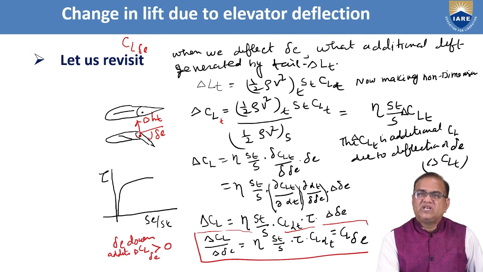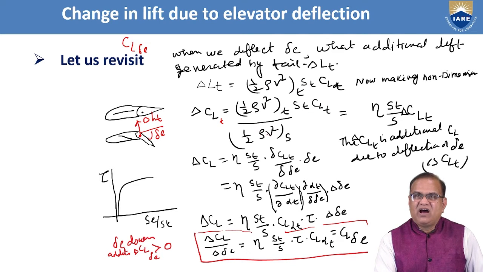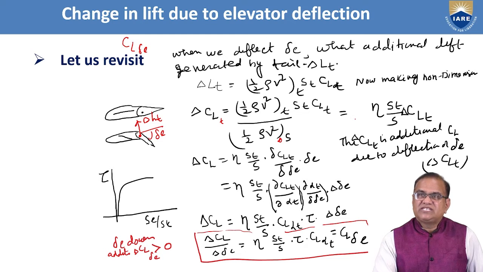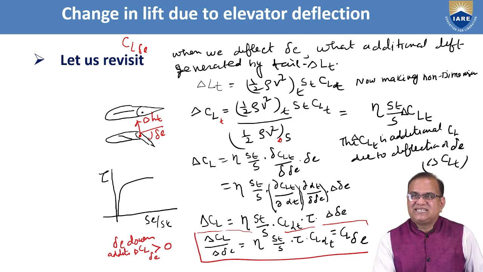So delta CLT is equal to half rho V square of tail ST CLT divided by half rho V square S. This is for the free stream velocity which is passing over the wing. S is the wing area. Now we know previously that half rho V square of tail divided by half rho V square of the free stream is called eta, and here ST by S into delta CLT.